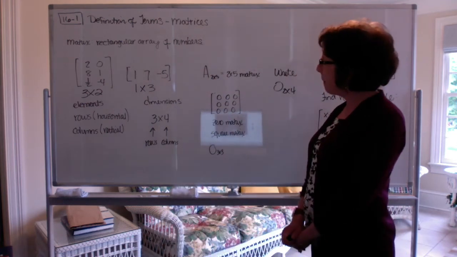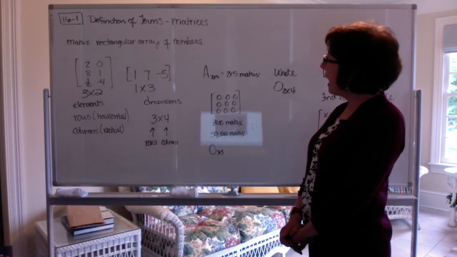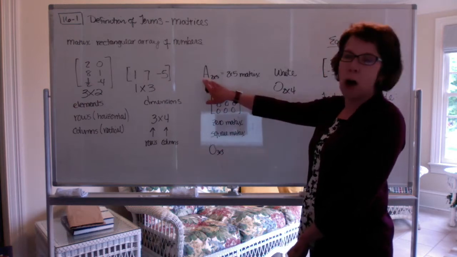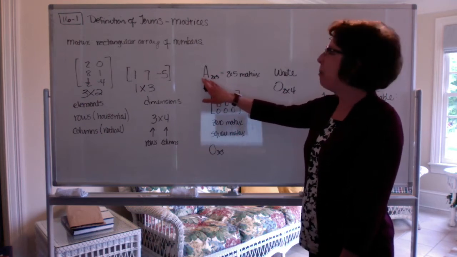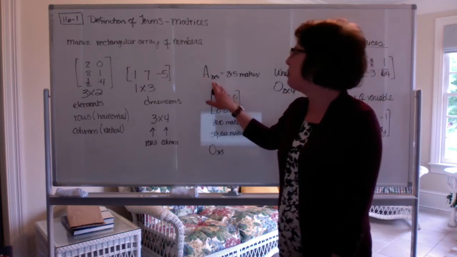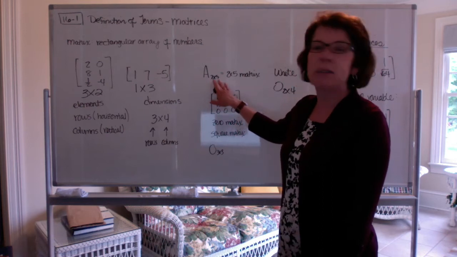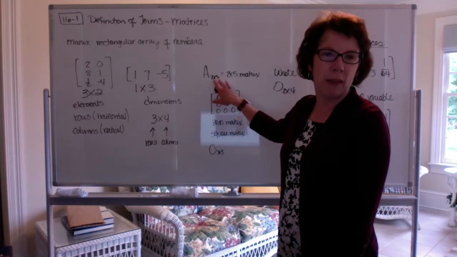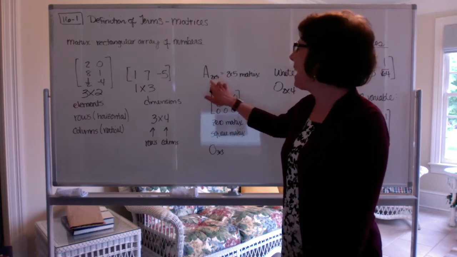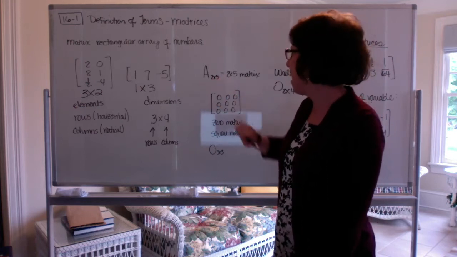Now, let's look at what we call matrix A. If you see a capital A with a subscript of 2 by 5, that just means this is a 2 by 5 matrix. Those are the dimensions of it, and it'll have 2 rows and 5 columns.